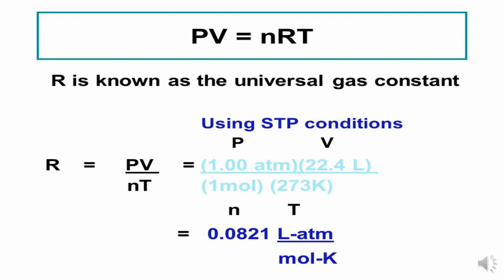If we put values of these variables at STP conditions, standard temperature and pressure, where pressure is 1 atm, volume is 22.4 liters, the number of moles is 1, and temperature is 273 Kelvin, that is 0 degrees Celsius, then we get the value of R as 0.0821 liter atmosphere per Kelvin per mole.